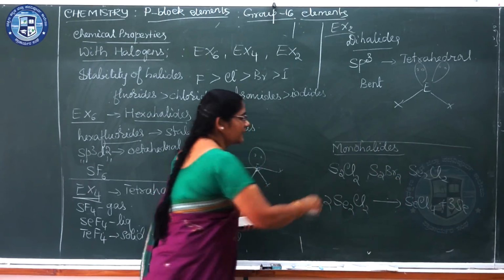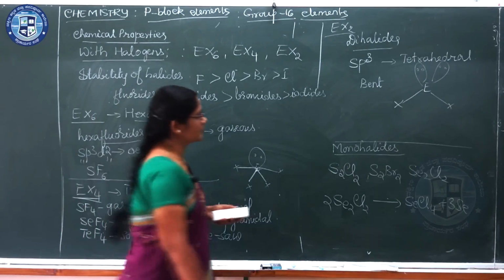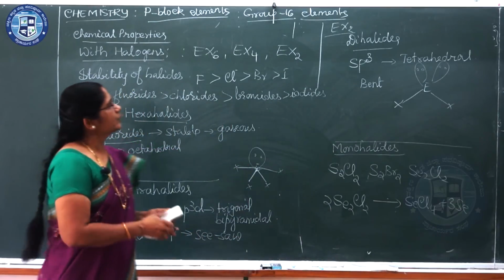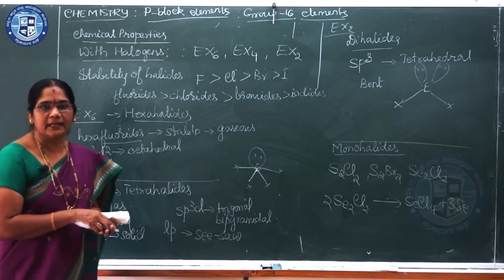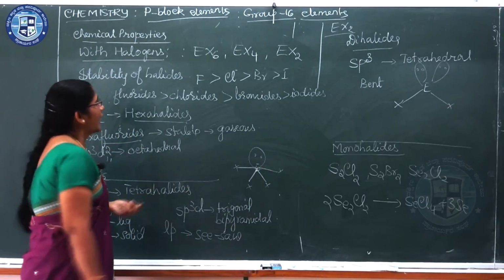So diselenium dichloride disproportionates to give selenium tetrachloride, and selenium is formed. So these are some of the things about the reactivity of group 16 elements with halogens.